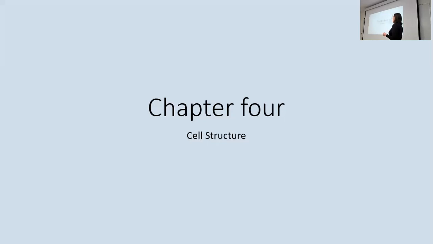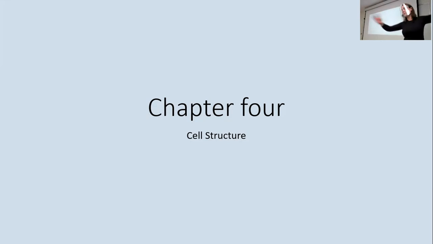It follows that same hierarchical set of steps we were talking about really early in chapter 1. Starting in chapter 2 and through chapter 3, we talked about atoms and molecules. In chapter 3, we talked about macromolecules. What was the next step? Organelles.